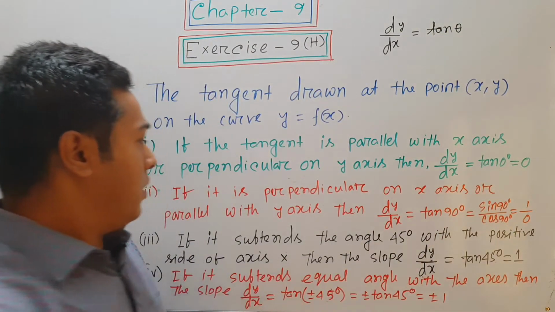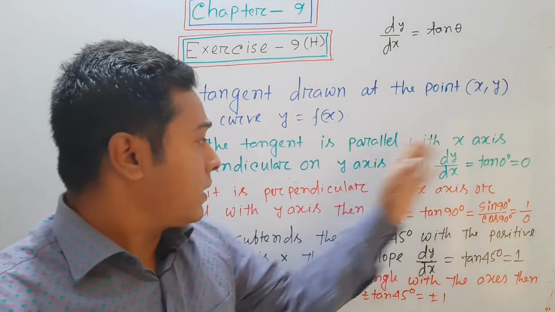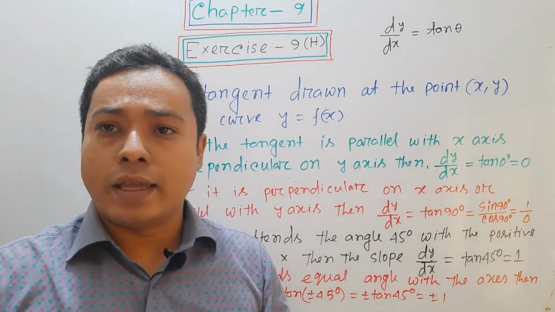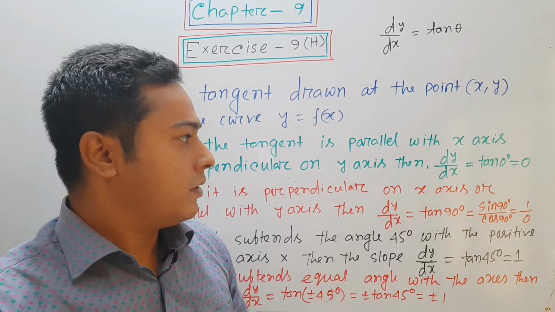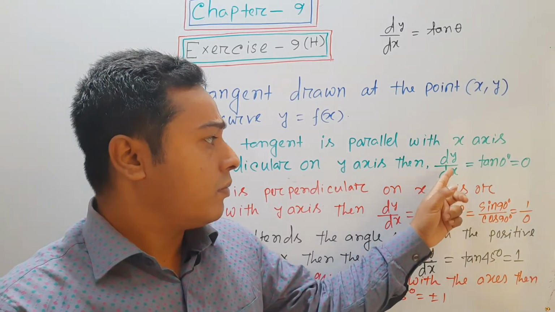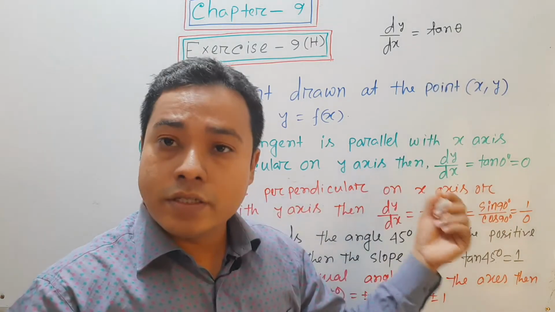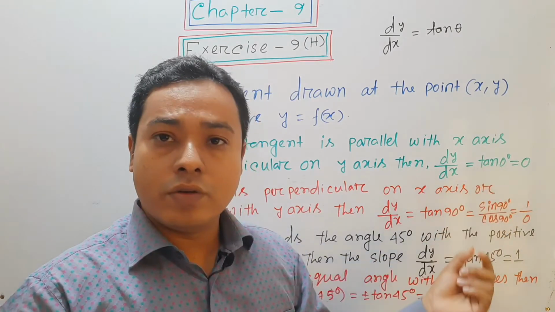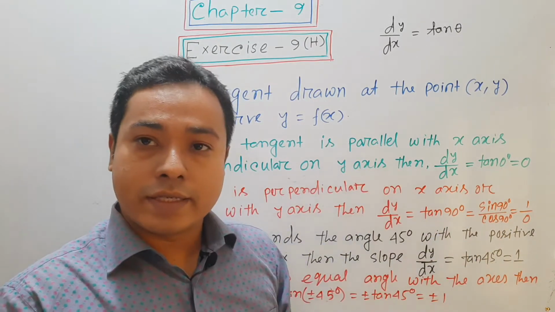Now if it is parallel to the x-axis, then the angle with the x-axis is equal to 0. So dy/dx is equal to tan 0 degree, and this is 0 for parallel to the x-axis.